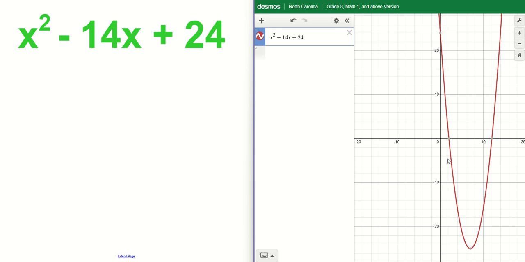So a couple things just to point out in this one. You got your smiley face type shape there on your parabola, right? We should have known that because we had a positive a value, right? Then we've got 4 points that we really use for these problems.